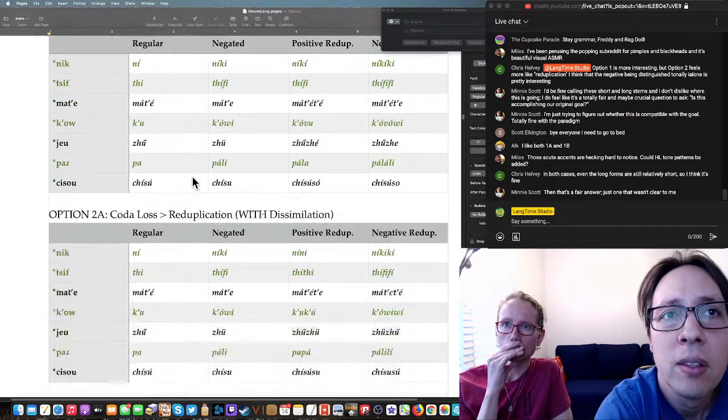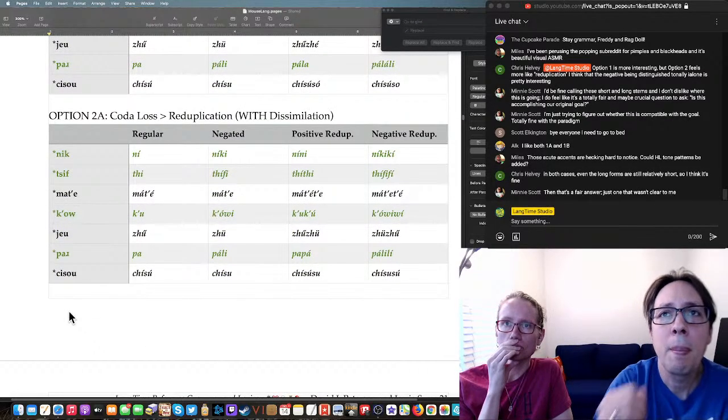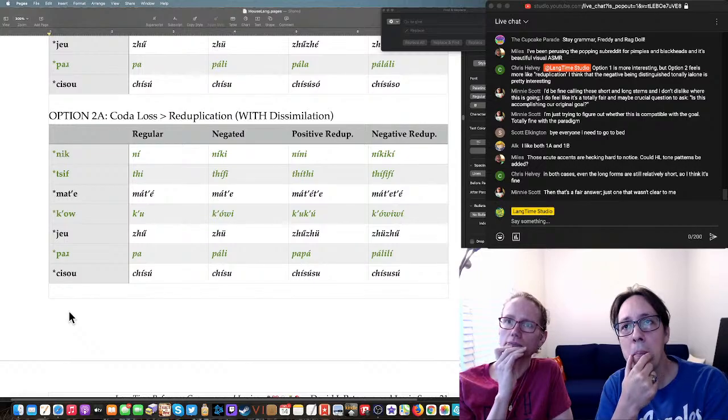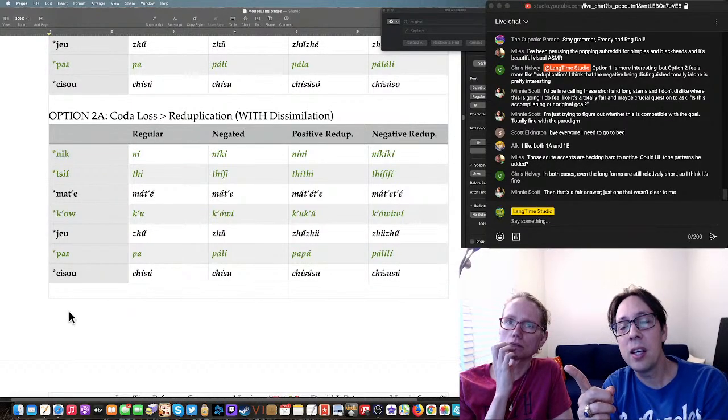All right, let's move on to 2A. This is with dissimilation. I believe all four forms are always going to be different. Is that right? Yeah, they almost have to be. We will see, for all of these, the dead consonants.